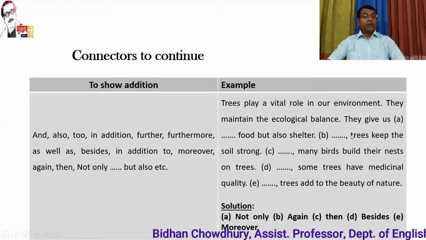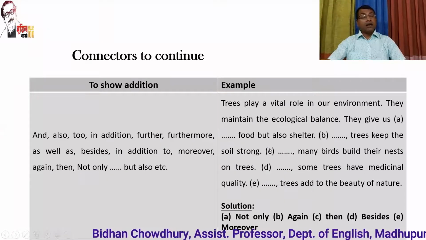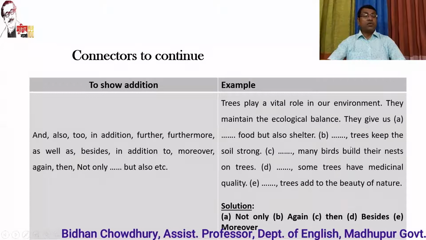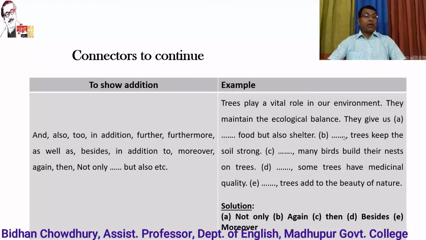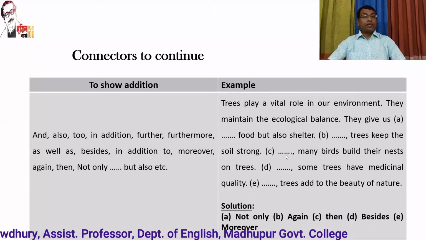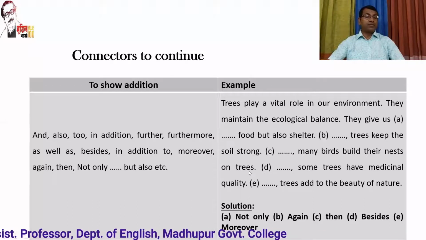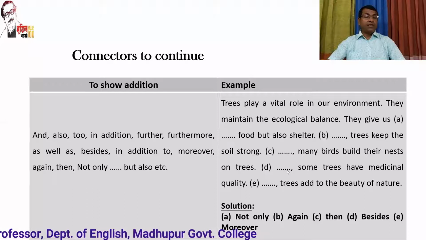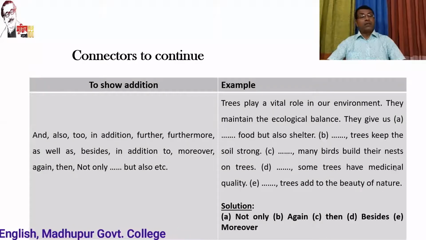In number B, I have used again. Again is a connector that can be used to add same kind of statement. Again, trees keep the soil strong. Then, many birds build their nests on trees. And number D, same kind of statement that is describing the benefit given by tree.